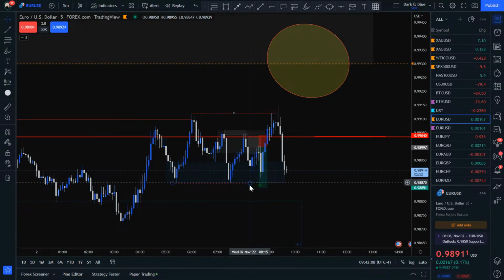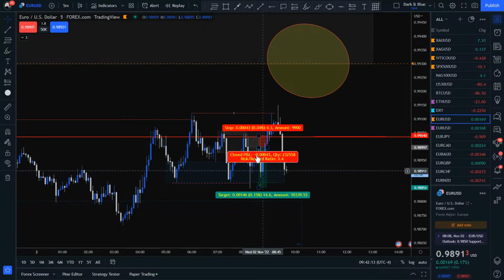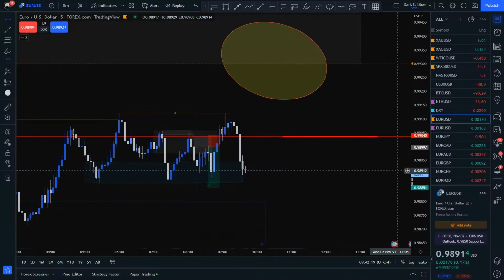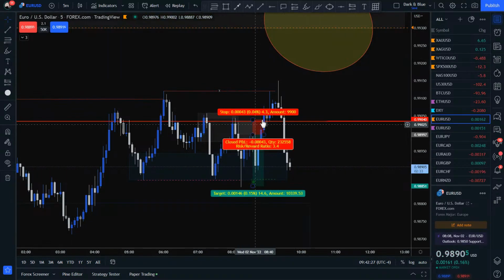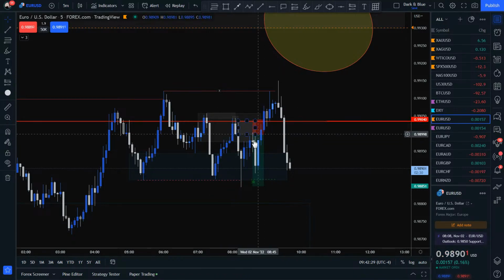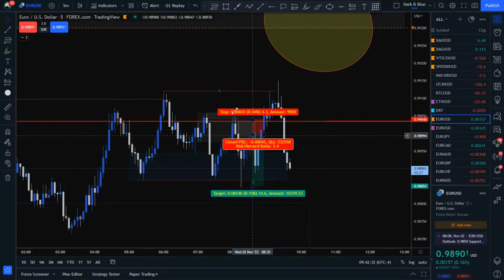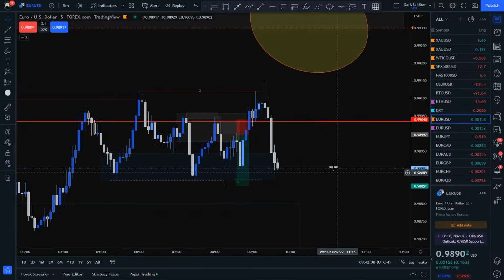I should have waited for a break and close below that low for a break of market structure, a break of actual structure, and then the pullback. That's what I should have waited for, to be honest with you. That's a more conservative approach. But I thought the trade was valid, and it worked for those that had a higher stop loss than I did and got in at a good price. So I'm glad it worked out for those.